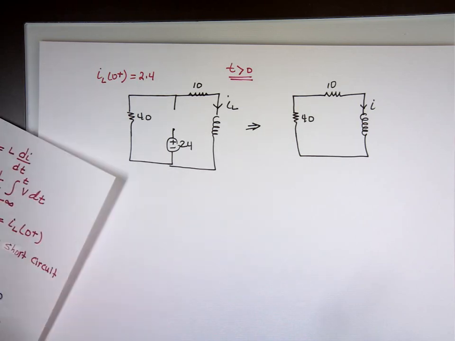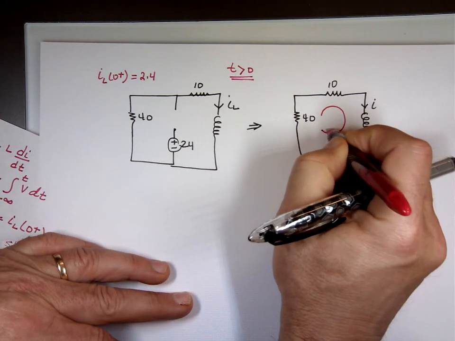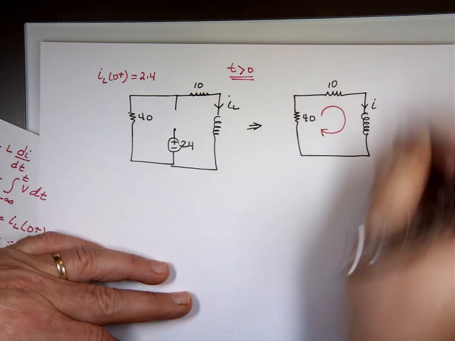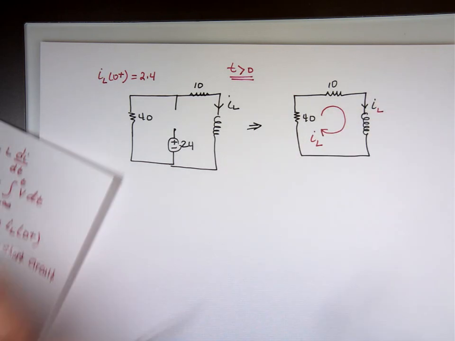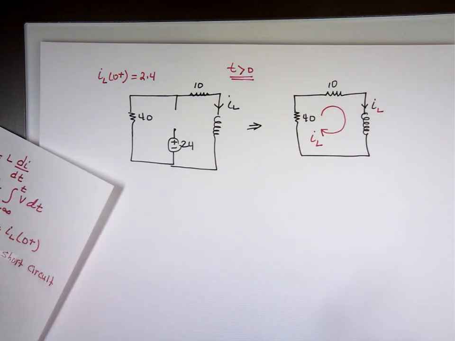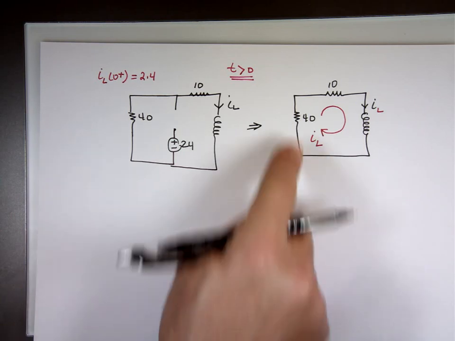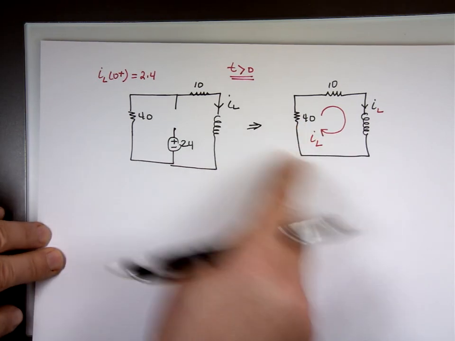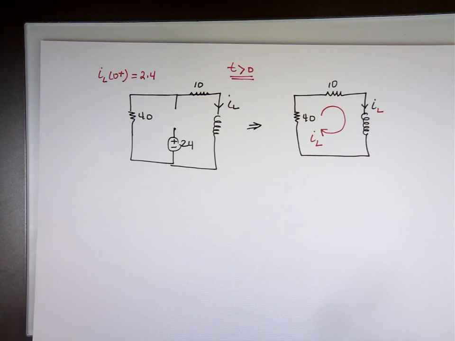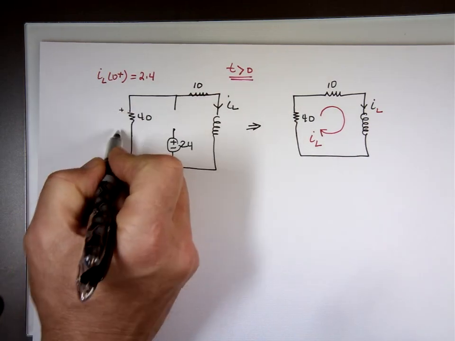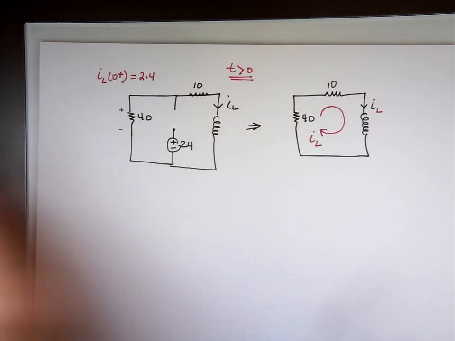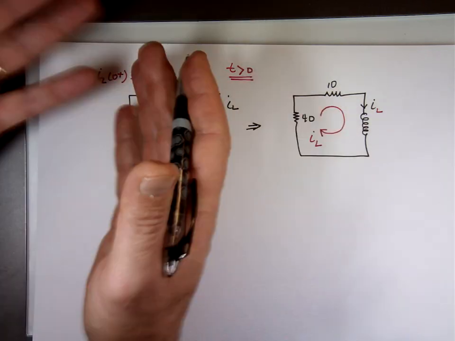So if I do a KVL equation right here, the only current going through the circuit is actually the current through the inductor. That's the only current. So let's use KVL here. What's the voltage here? Now, initially notice the source was right there. It was marking this plus to minus, right? So I can just write that. I don't really care what the value initially is, I'm looking at t greater than 0.